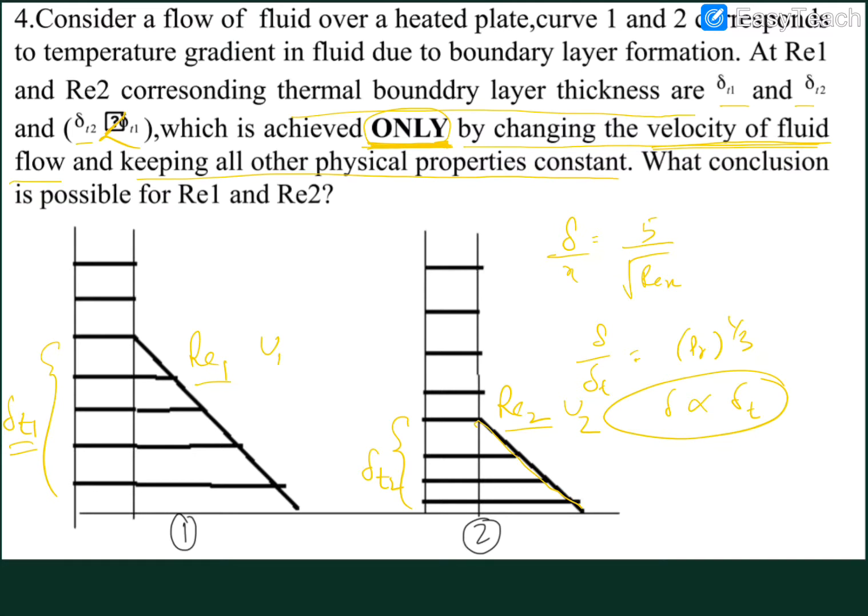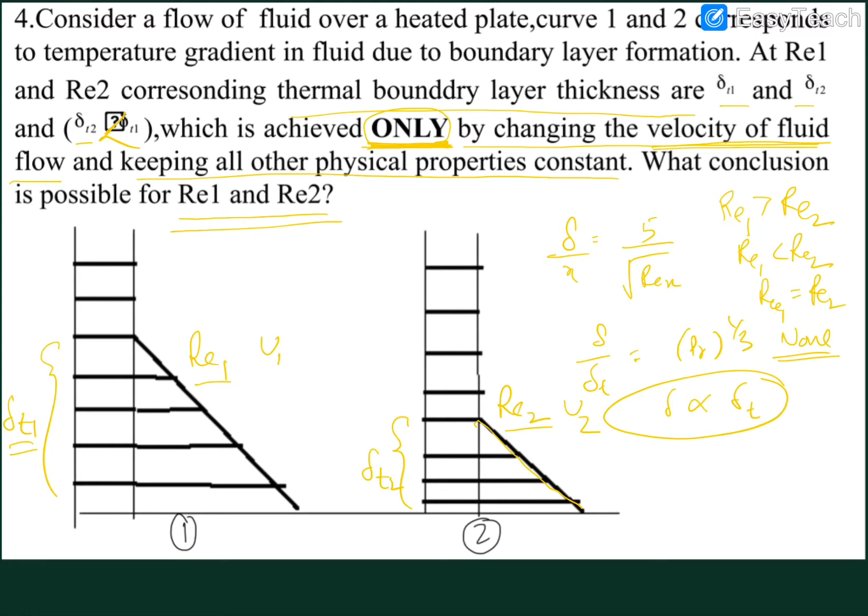What conclusion is possible for RE1 and RE2? The conclusion is whether RE1 is greater or RE2 is greater, RE1 is less or RE2 is less, or they should be equal, or none. These were the options given in the question, so you have to see which is the correct option.